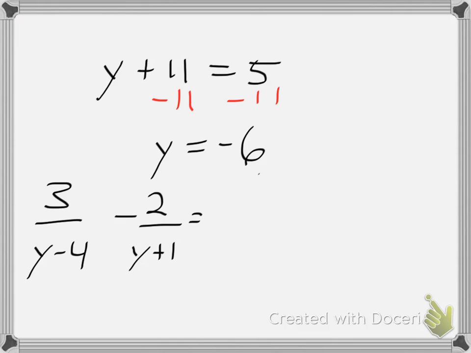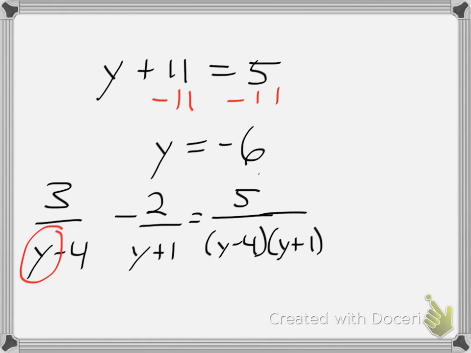So here's the expression again, and I'm going to put the third denominator in factored form because that's how we want to think about it now. So what I'm saying is, now that I have a value, I want to determine if I put negative 6 in for y here, would the resulting value be 0? So in other words, negative 6 minus 4, is that 0? And no, it's not.